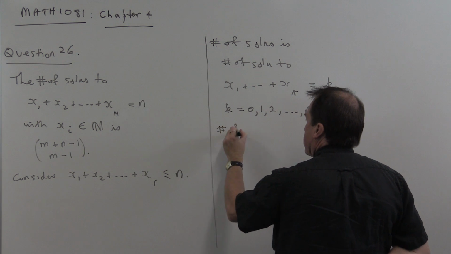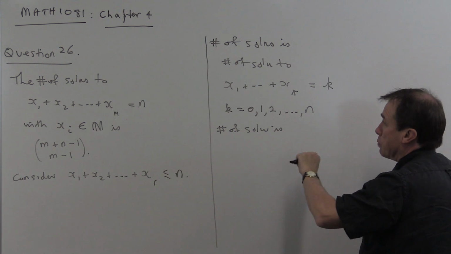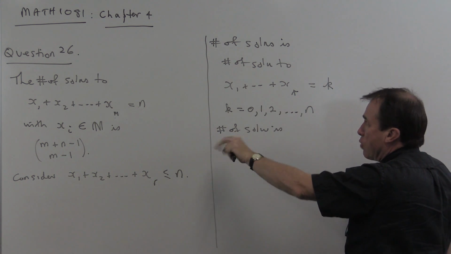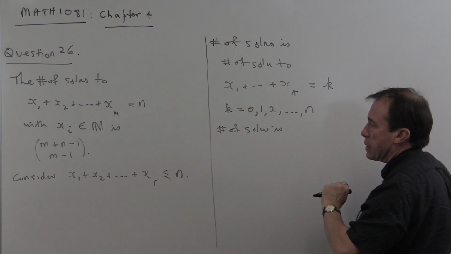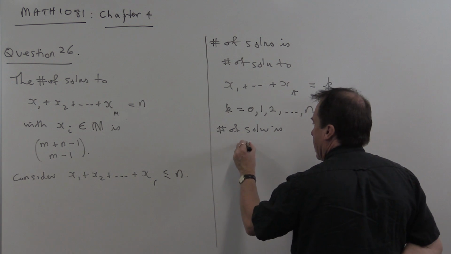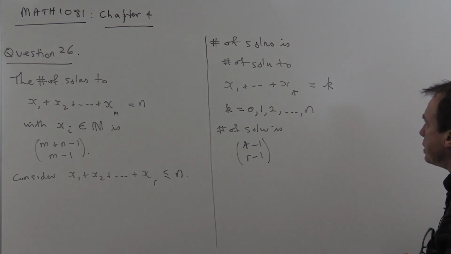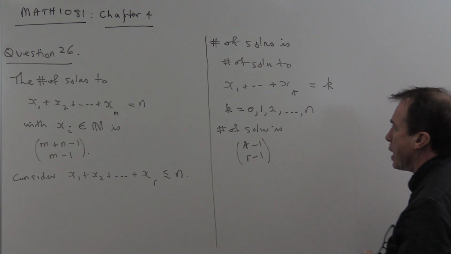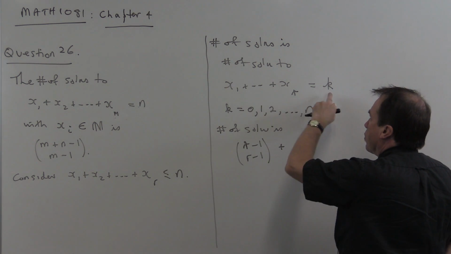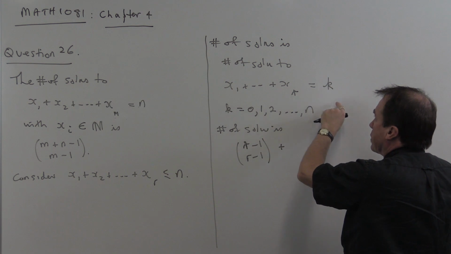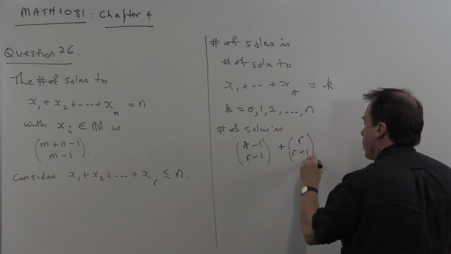So the number of solutions then is going to be, if I'm replacing now the m with r in the formula and the n with k: if I put k to be 0, I'm going to get r minus 1, choose r minus 1. The next one, if I now put k to be 1, then I'm going to get 1 plus r minus 1, which will be r, choose r minus 1.